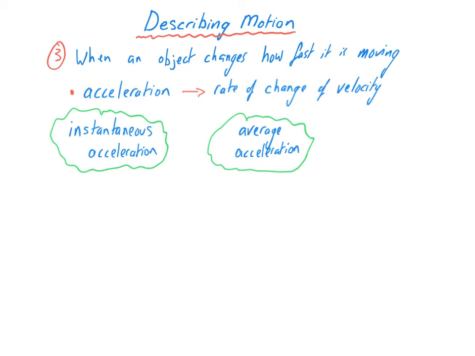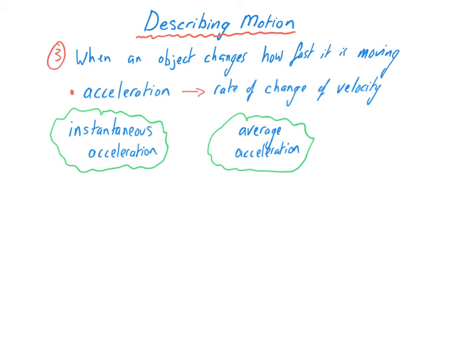And what you might find is the acceleration you get changes over time. And then the average acceleration would describe the total change in velocity over time. And these two quantities can be different, but we won't really look at that this year.